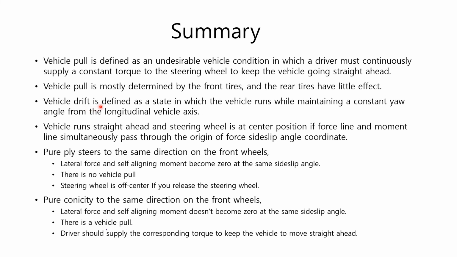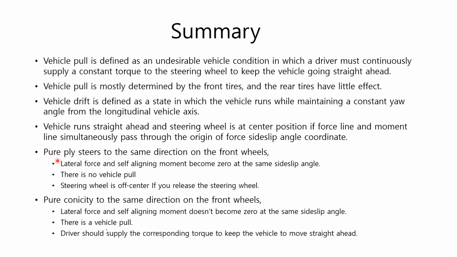Vehicle drift is defined as a state in which the vehicle runs while maintaining a constant yaw angle from the longitudinal vehicle axis. A vehicle runs straight ahead and the steering wheel is at the center position if the force line and moment line simultaneously pass through the origin of the force side slip angle coordinate.